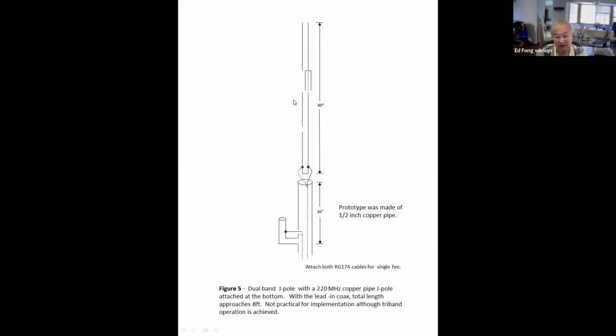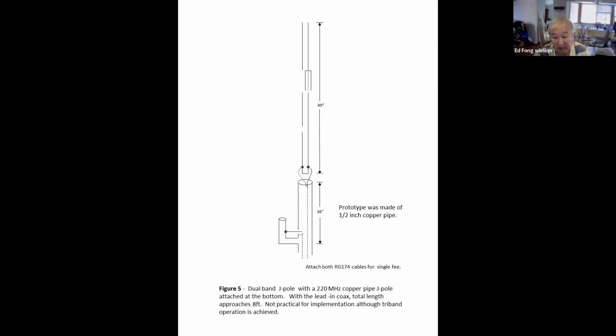The question is, again, this is necessary that you have resonance, but it's not sufficient, right? Mechanically, the antenna is not very practical. And you can hold it up with some type of more PVC pipe here. So what you would do here is you make the bottom out of copper, and this would be out of a PVC, and you would slip the coax through. 10 feet, though, pretty tall.